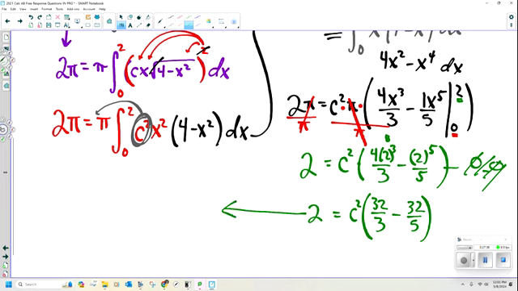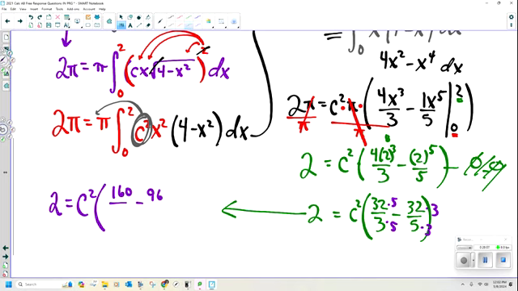Let's continue our work over here. Now let's go purple. All right, so now I've got 2 equals c squared times. I'm going to multiply both of these by 5 and both of these by 3. So I'm going to have, oh my God, is that 160? 160 over 3 minus, 96?